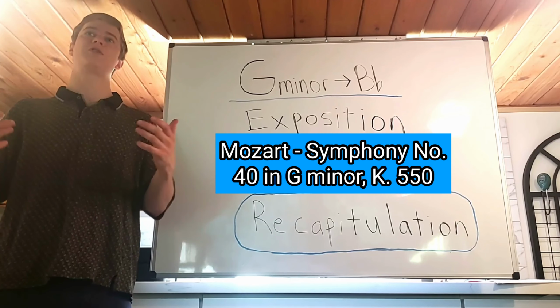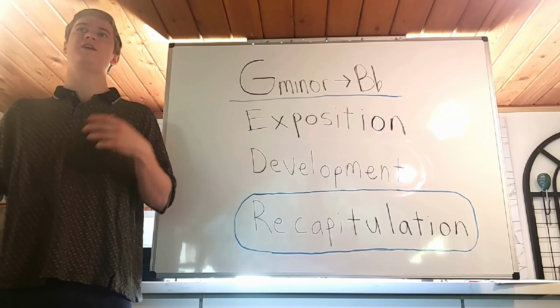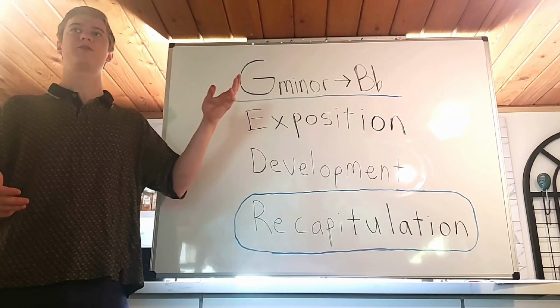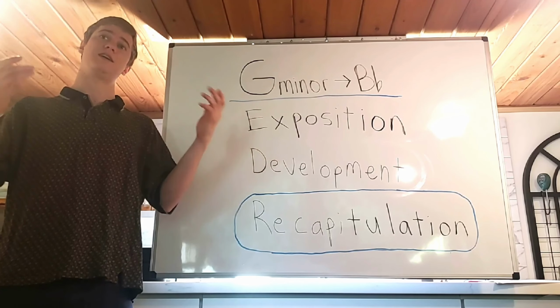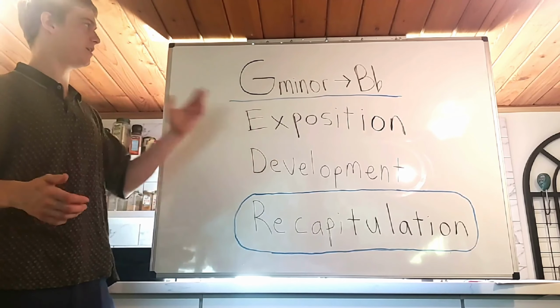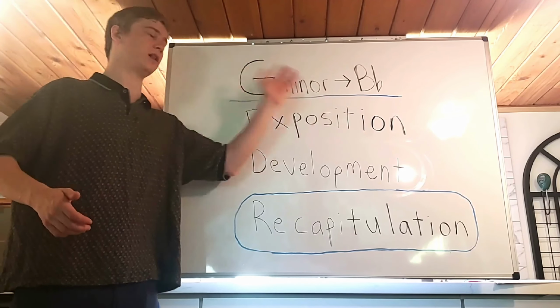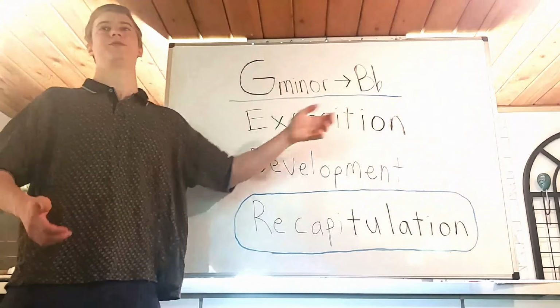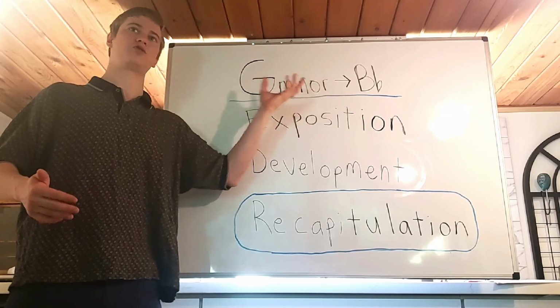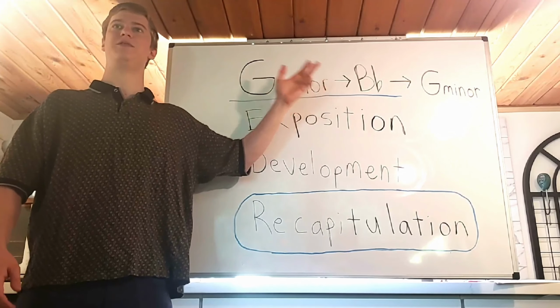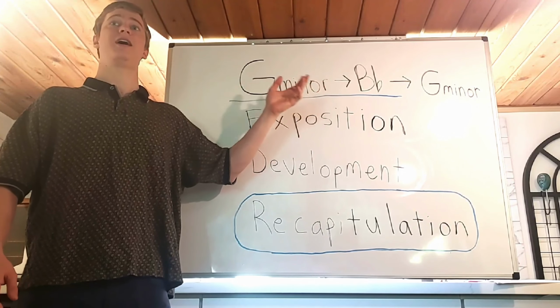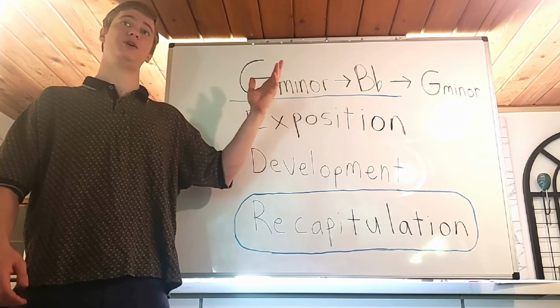In W.A. Mozart's Symphony No. 40, he originally went from G minor in group 1 to B flat major in group 2 of the exposition. So you can see here he has that minor to relative major relationship. That's what he chose as his contrasting keys in the exposition. Then in the recap, the first group is in G minor, and the second theme is also in G minor.